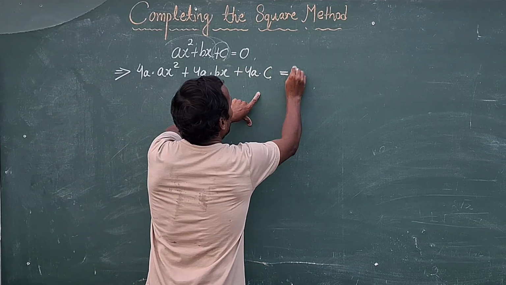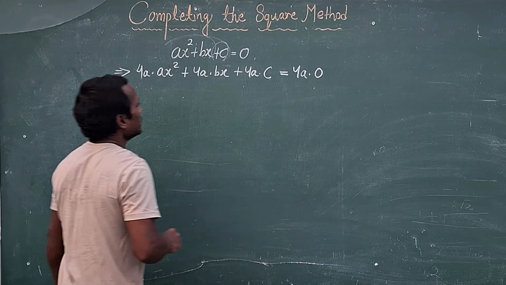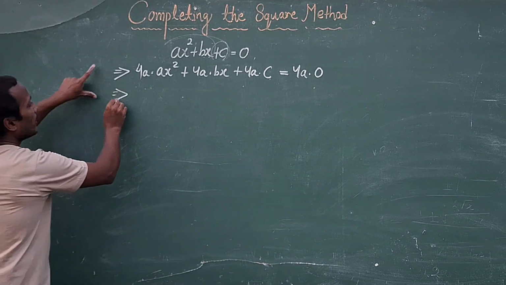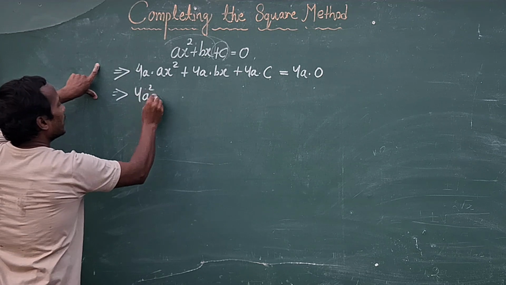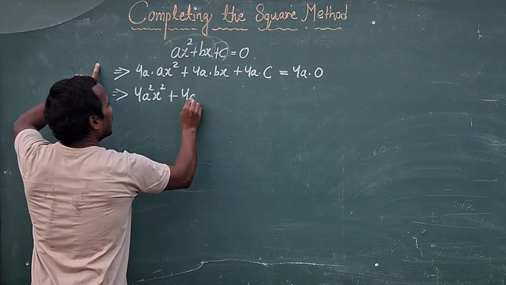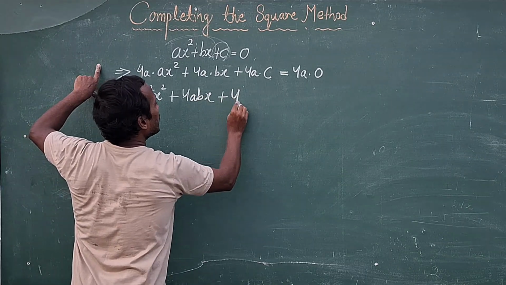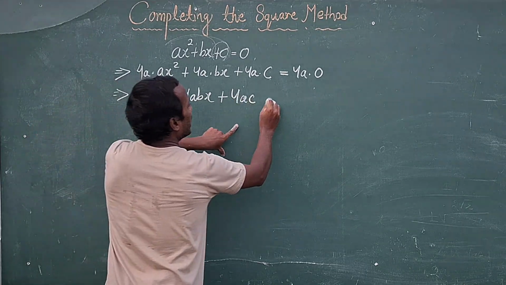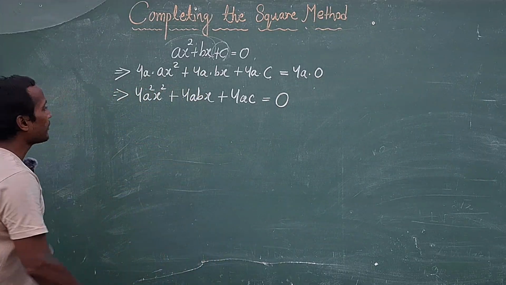On the right side as well, 4a into 0. Now what do you get? 4a into ax square gives you 4a square x square plus 4abx plus 4ac. On the right side, 4a multiplied with 0 is 0.